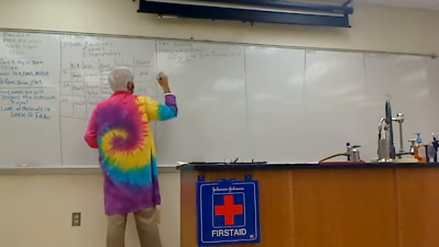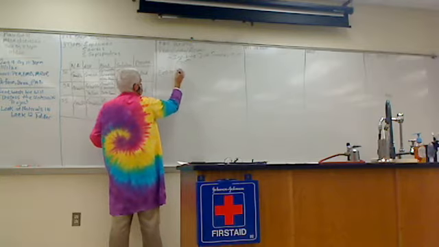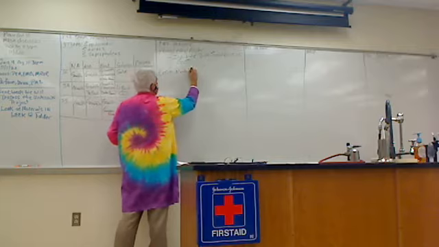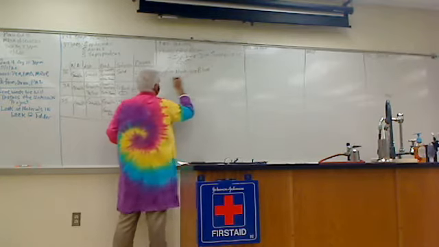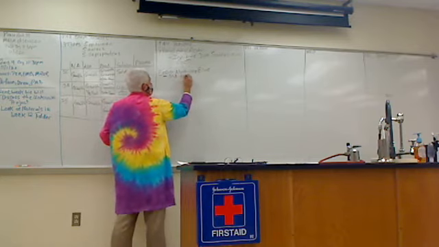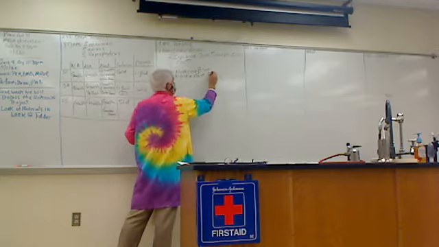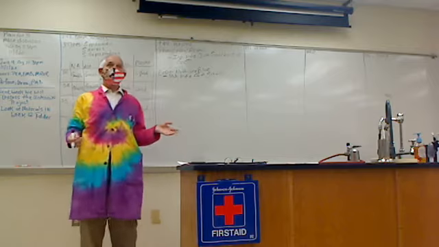For the EMB plates, EMB stands for eosin methylene blue. It inhibits gram-positive growth. So you will inhibit then the growth of gram-positive.